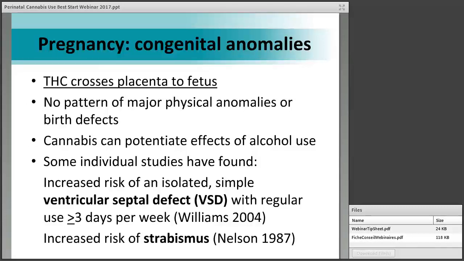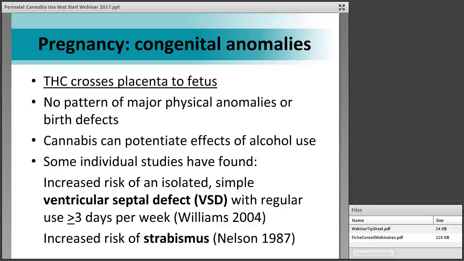However, some studies have reported that in individuals using cannabis, there's a higher diagnosis rate of an FASD-type picture, where these babies have more features consistent with fetal alcohol syndrome. That's been seen specifically in women with heavy cannabis use. It's unknown if this means that these individuals are drinking heavily and also using heavily, and therefore the cannabis is more likely to make the effects happen with alcohol. So this needs to be further clarified.